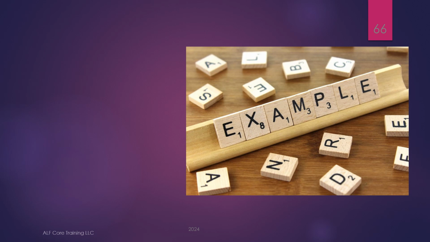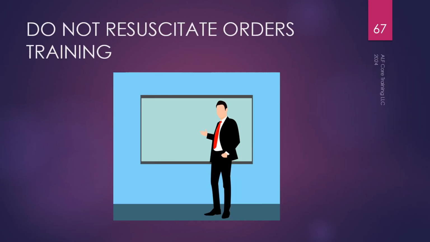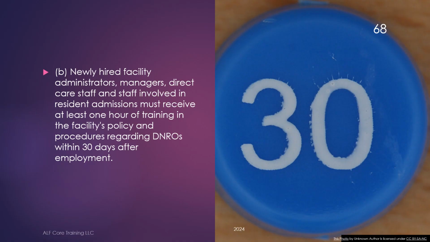Example: do not resuscitate orders. Training. Newly hired facility administrators, managers, direct care staff, and staff involved in resident admissions must receive at least 1 hour of training in the facility's policy and procedures regarding DNROs within 30 days after employment.